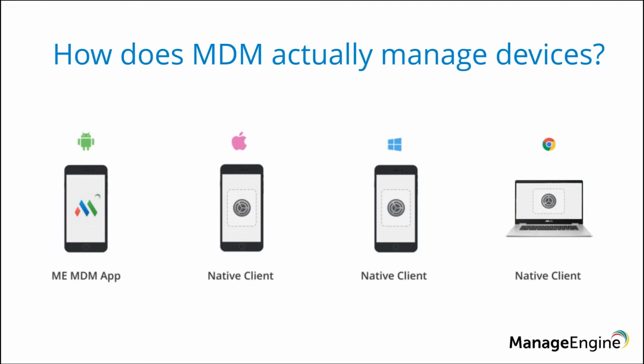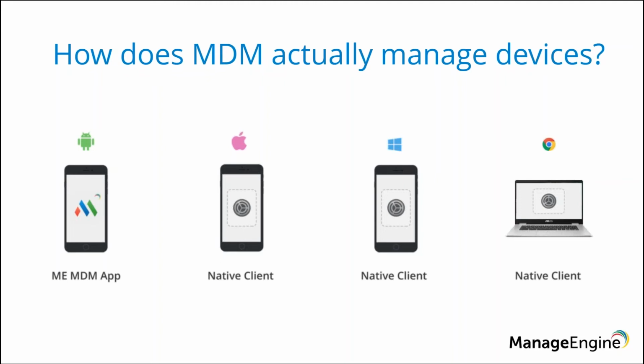We have talked about the architecture in detail and the ports used by it, but the mobile devices in this case are managed by multiple factors, is what I would say. In case of Android, there aren't any native clients present over there. So what we do is we deploy an MDM application to the device, which would manage your devices.